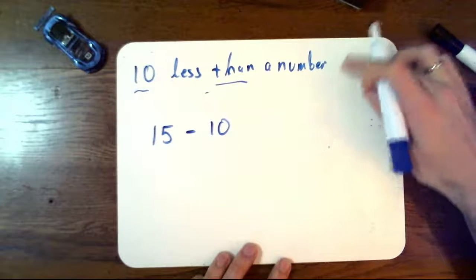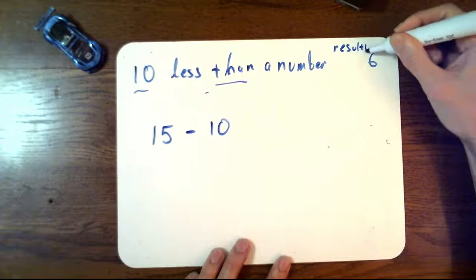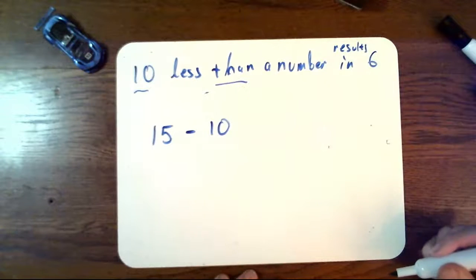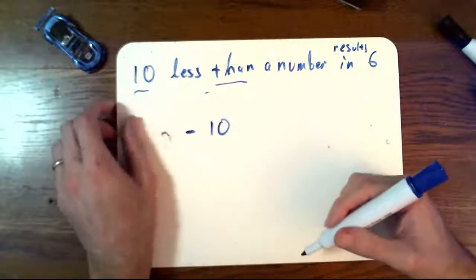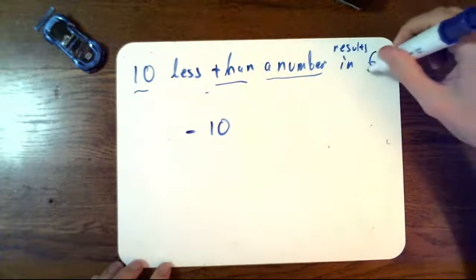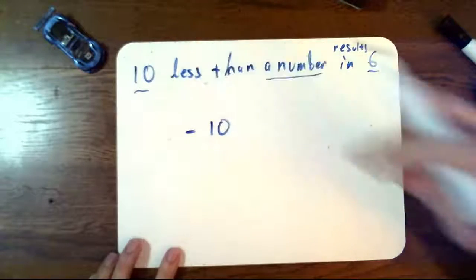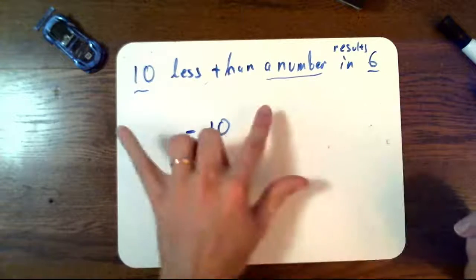Or let's say results in. Results in 6. So 10 less than a number, that means we're starting with a number. Remember, this is a piece now and this is a piece. So 10, a number, and 6. How are they interacting?